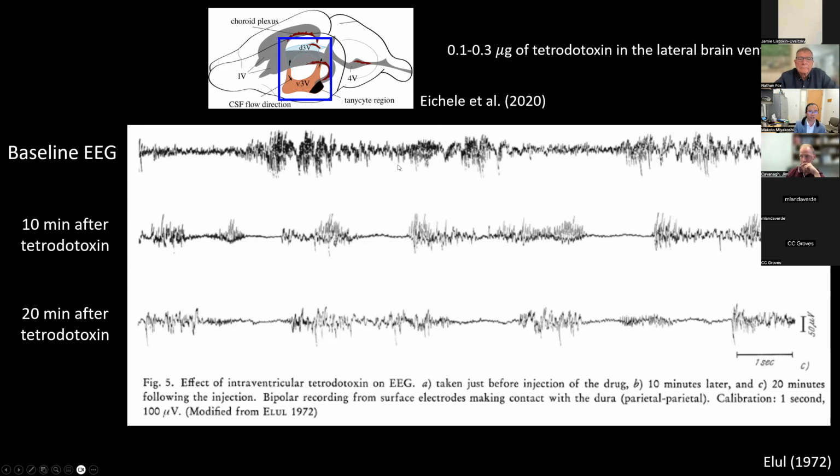So this is a baseline EEG recorded from some animal. And this is 10 minutes after tetrodotoxin injection. So you can see the appearance of silent periods, and the overall amplitude is somewhat reduced, and that continues for another 10 minutes.